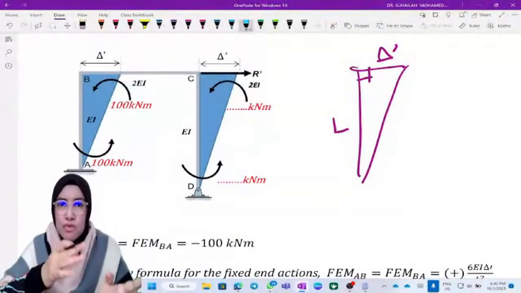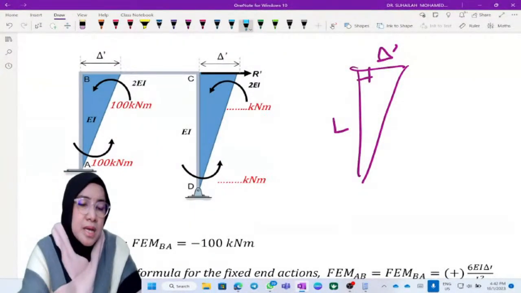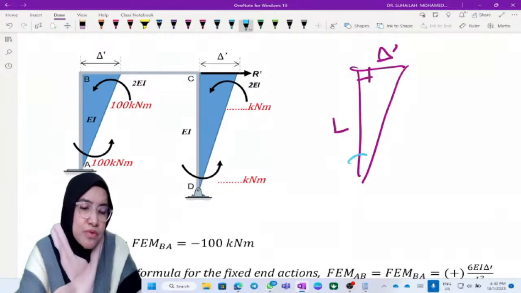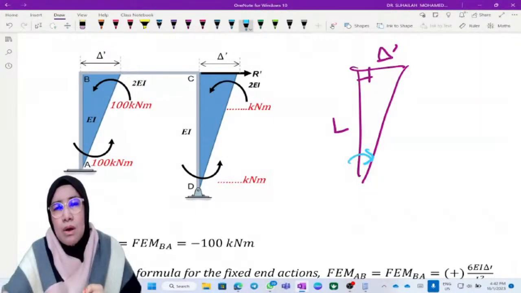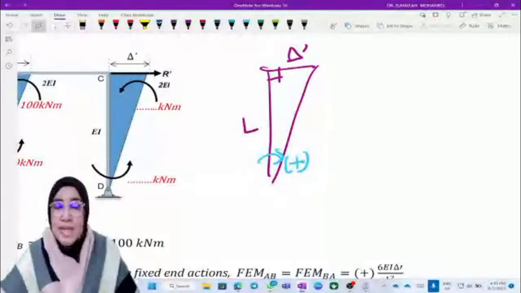It moved to the right direction, which means the angle is positive, because the angle, or chord rotation, we measure from the original vertical position to the moved line.